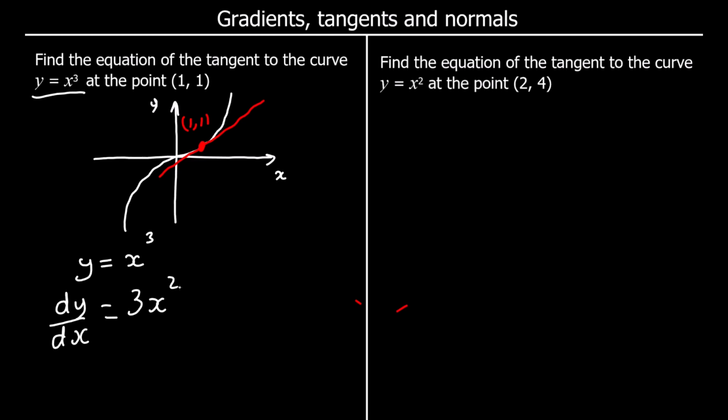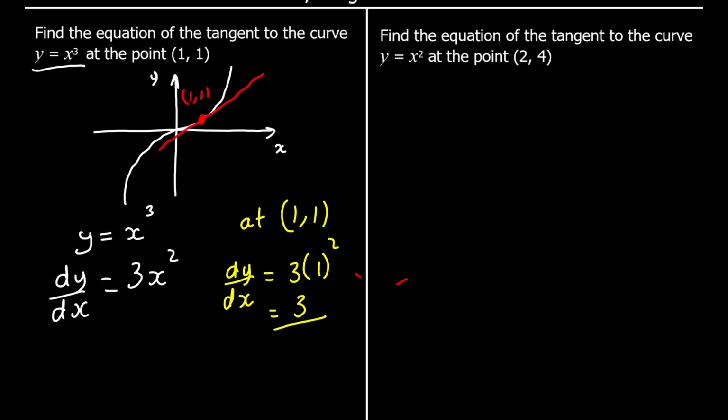We times by the power and then take one off the power. So at (1, 1), when x is 1, dy/dx is 3 times 1 squared, which is 3. So the gradient at this point is 3.